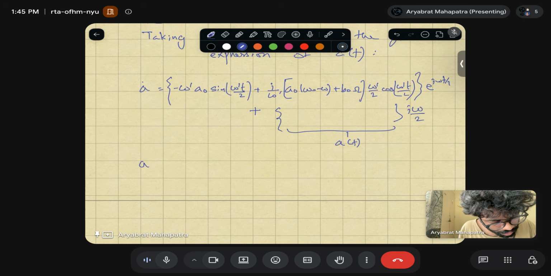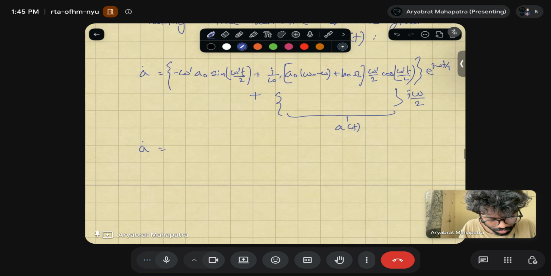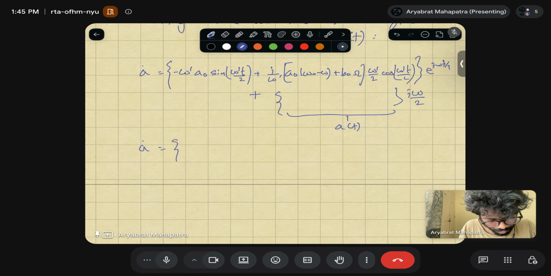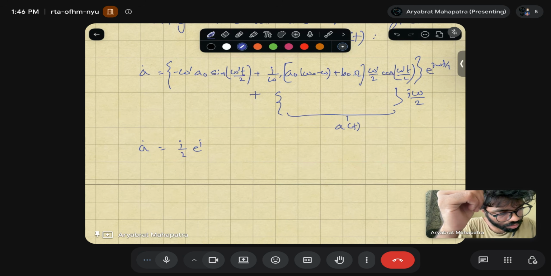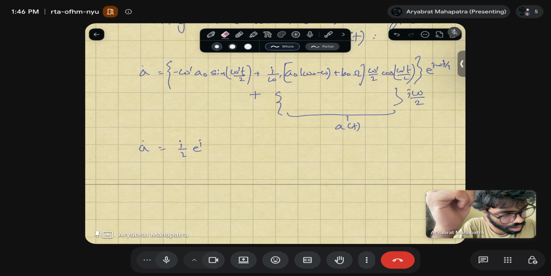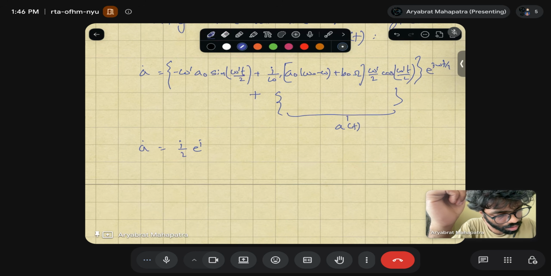So which means a dot is basically, I can write it down as i by 2 exponential i omega t by 2, and i omega by 2.